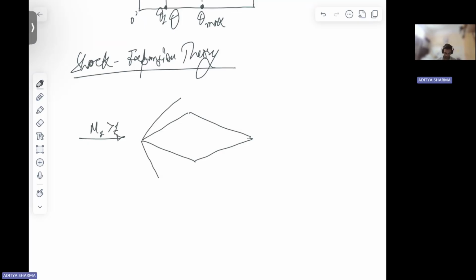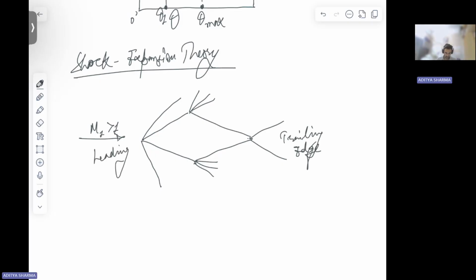Here you are going to have oblique shocks because the flow is turning towards itself. Here you are going to have an expansion fan because the flow is moving away. Here again you are going to have the trailing edge oblique shock. So this is the leading edge.